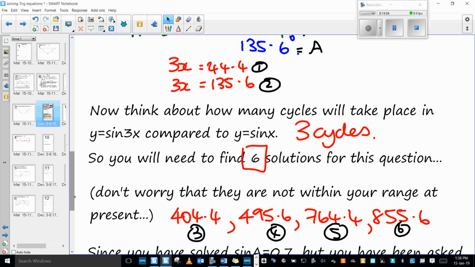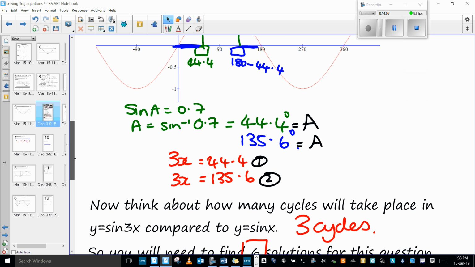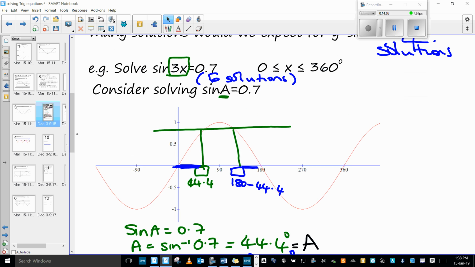I want to say it's always that case, but there are a few moments where it's not. For example, if you're solving sine x equals 1 between 0 and 360, there's actually only one solution here. So there are few and far between situations where you can't always say it's 2.